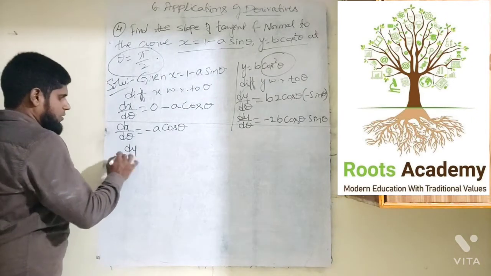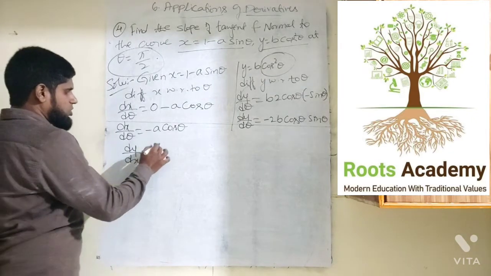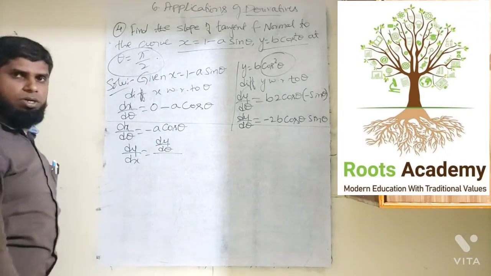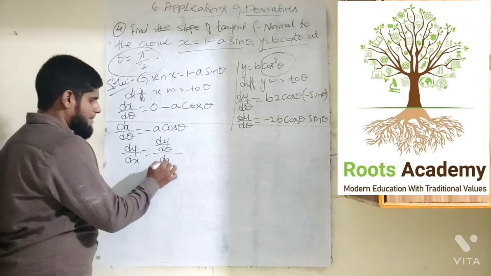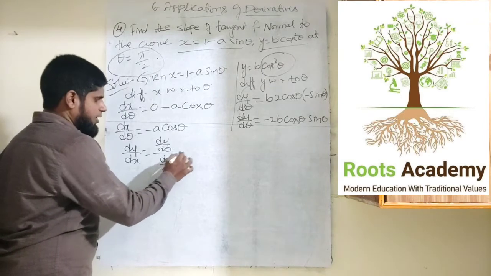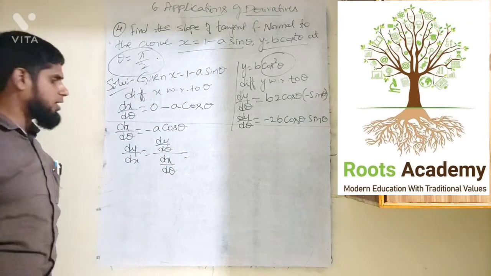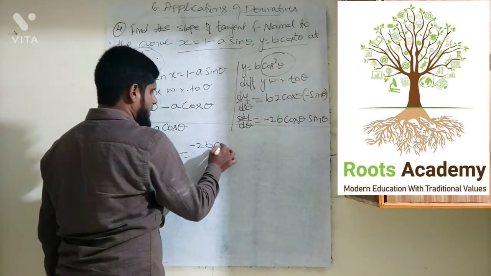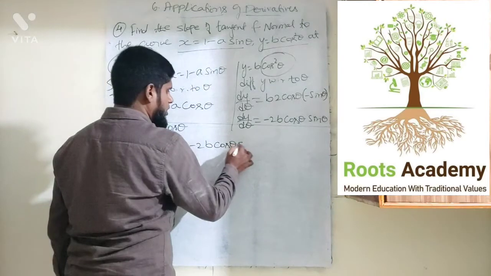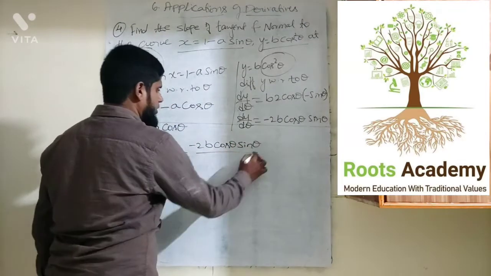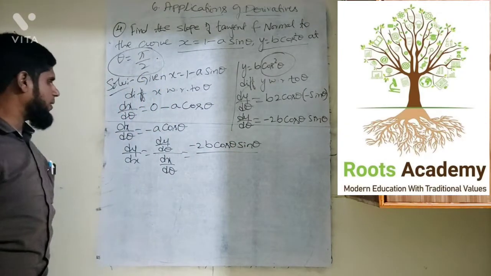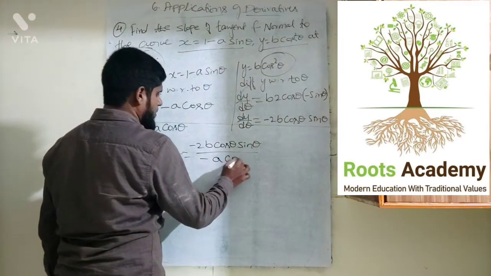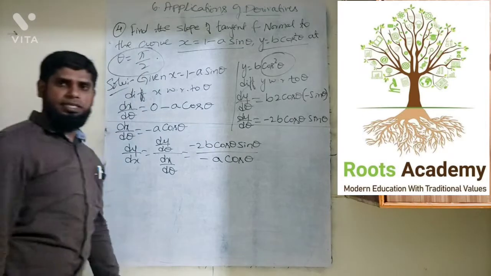Then our dy by dx is equals to dy by d theta whole divided by dx by d theta, which is equals to minus 2b cos theta into sin theta whole divided by minus a cos theta.